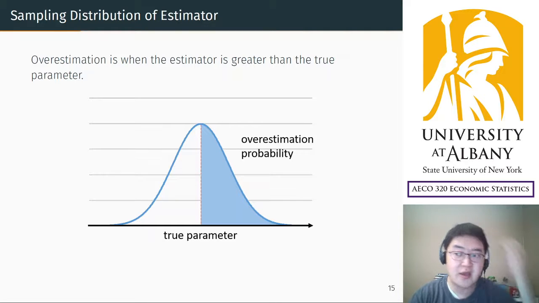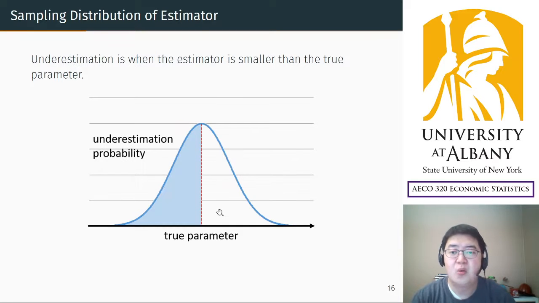So you may calculate overestimation probability in this way, or similarly, you may calculate the underestimation probability. So underestimation probability is this area. Like this, you may calculate any area you want if you had the sampling distribution. So the sampling distribution tells you the probability of your error. How small, how big, how likely is your error.